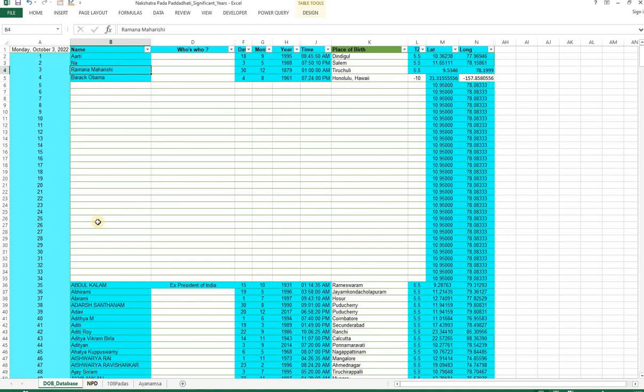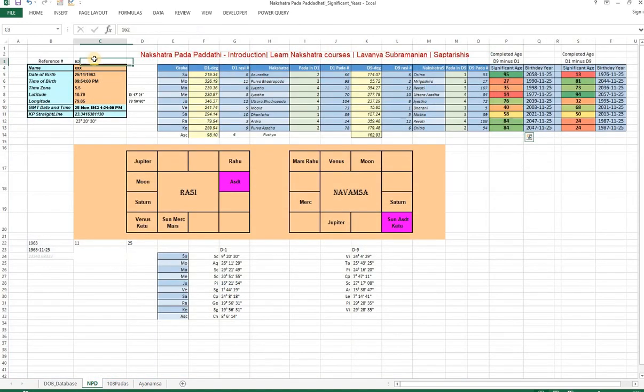You can create your own database and just put the reference number of the person you want, as I showed you now, and it pulls out that chart from the database. You have to give just the date of birth, time of birth, time zone, latitude and longitude. It calculates the rest of the things and pulls out the significant years in your life.